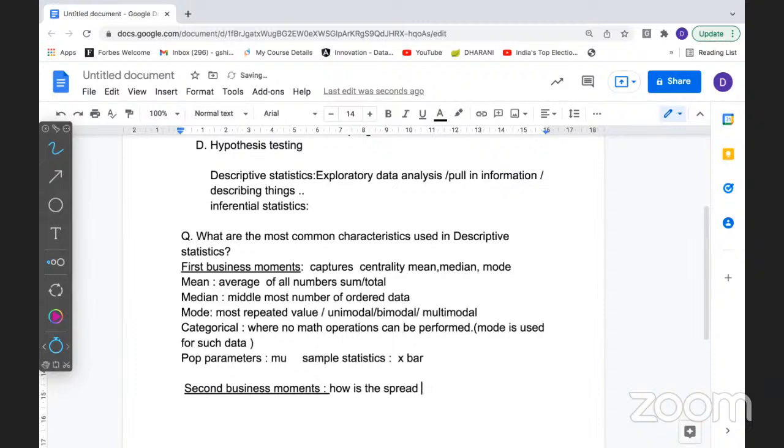So the first thing you calculate here is variance. It is nothing but the average spread of the data.